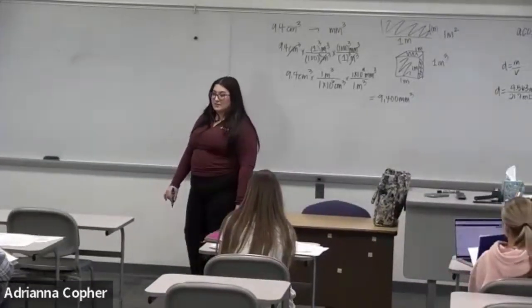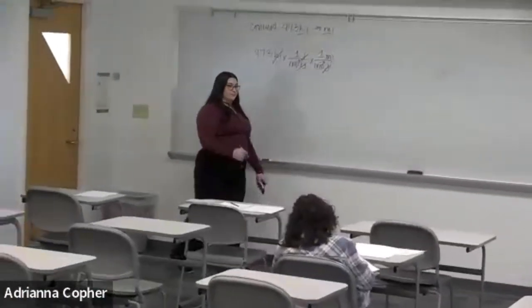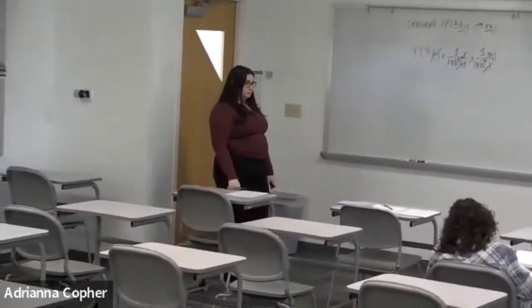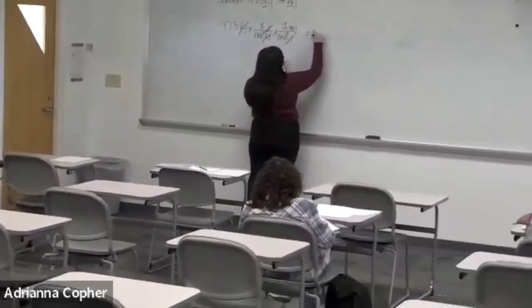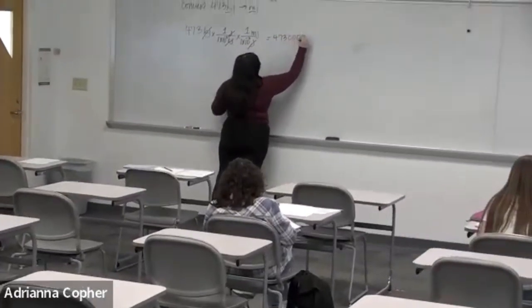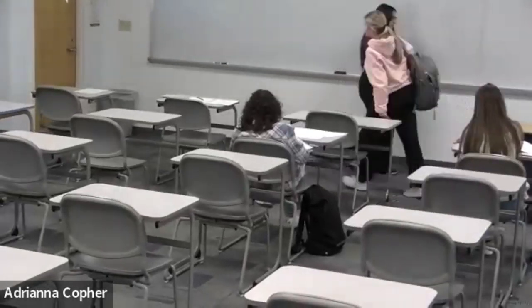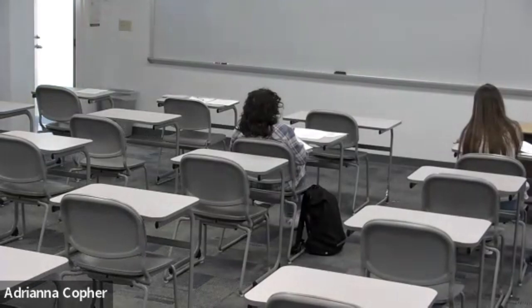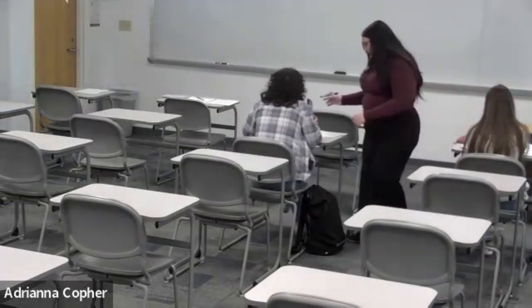Divided by 1 times 10 to the negative 3rd. I got my answer, and then I divided by 1 times 10 to the negative 3rd. You're putting that -3 in there? Yeah.